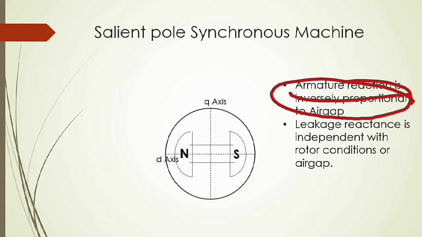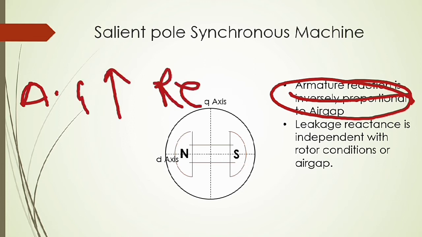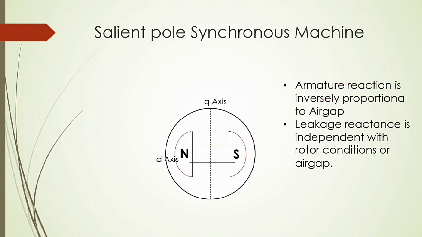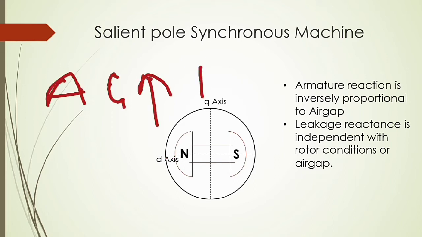If the air gap is high, then we can say reluctance is high. Or you can say if air gap increases somewhere, here you see in q axis, air gap is large, in d axis air gap is small. So here we talk about, if air gap is high, then reluctance is high.